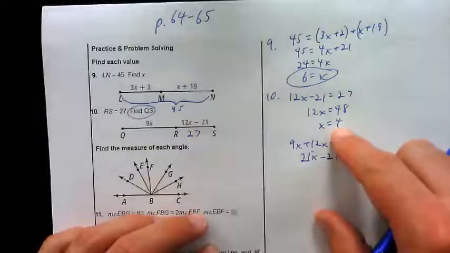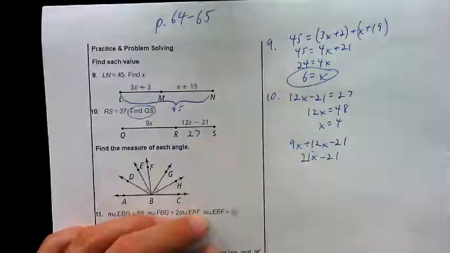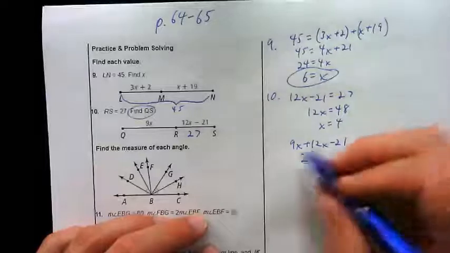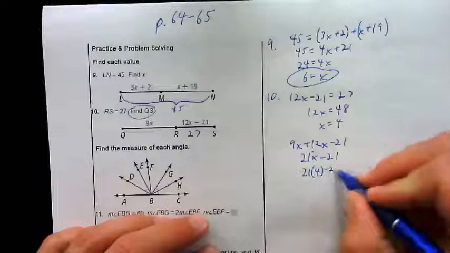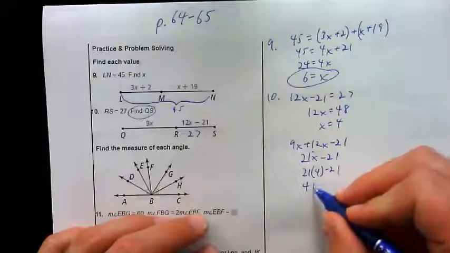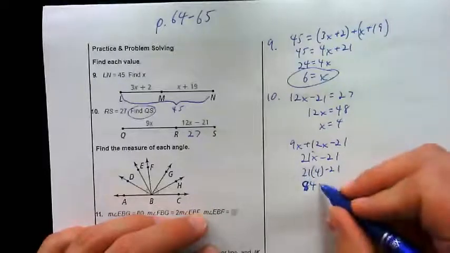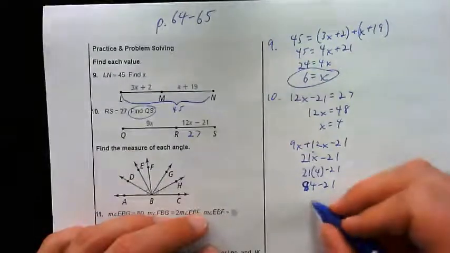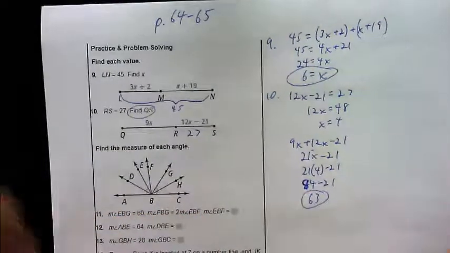Again, we had the 4. I went ahead and combined it like this first. You could have also plugged it in and then added the two numbers together, but I just like combining these first. 21 times 4 minus 21. 21 times 4 is going to be 84. Minus 21 is going to be 63. So that's our answer for number 10.